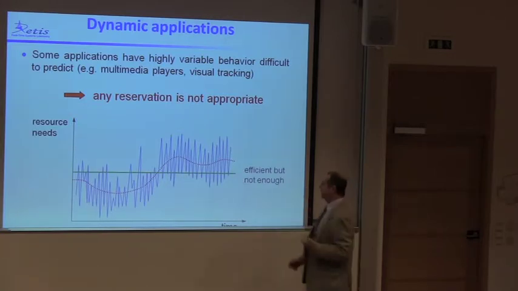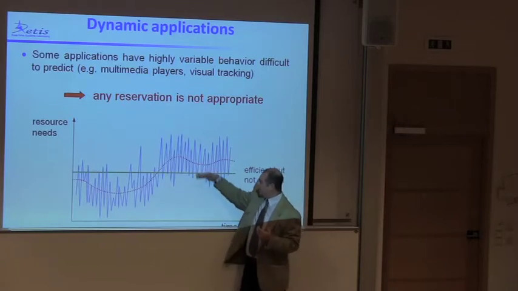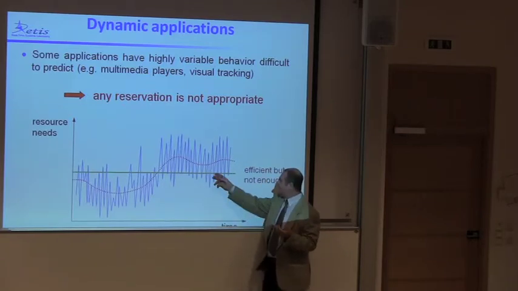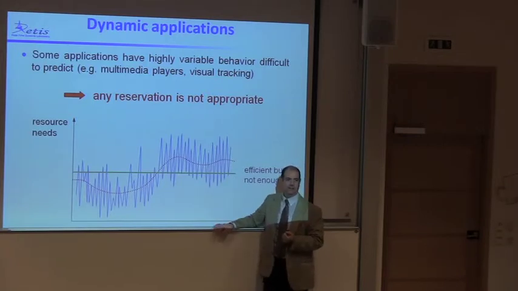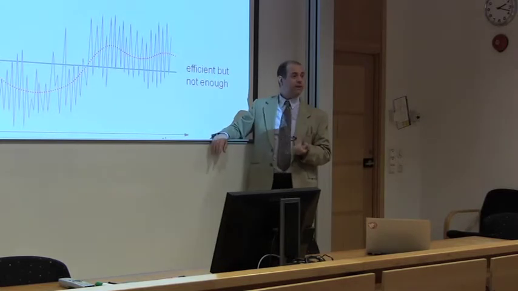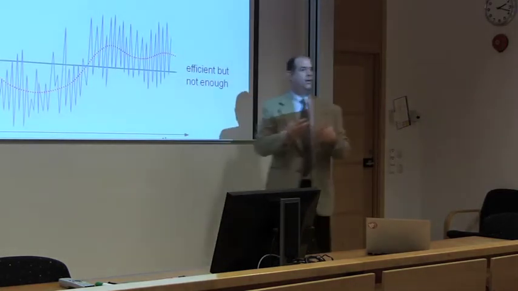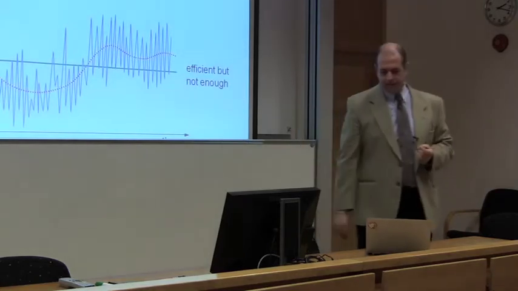Or I could decide, I don't care if I have an overload, I don't have enough resources, I allocate less than this application requires. This is of course efficient, but is not safe, right? For critical applications it may not be safe.